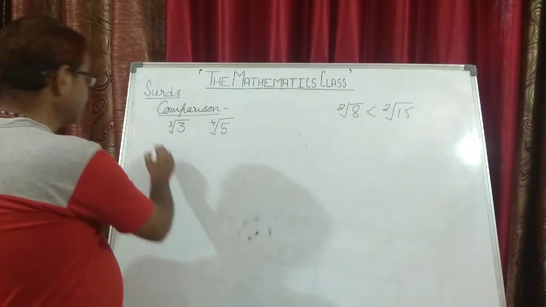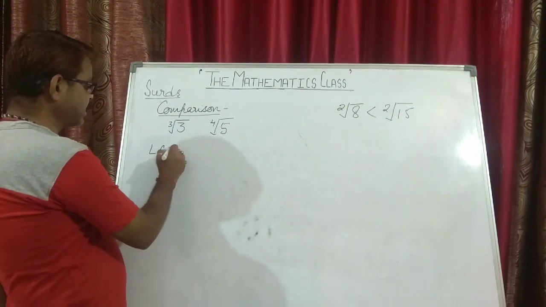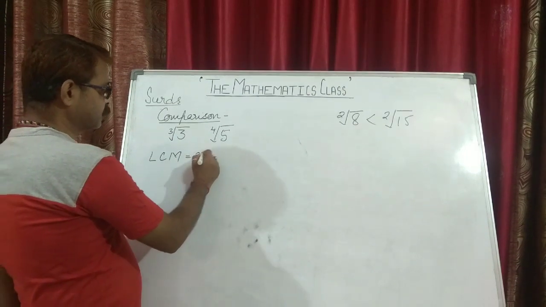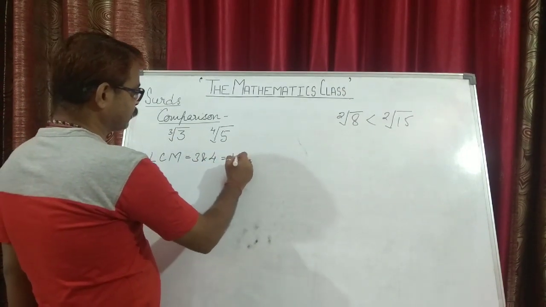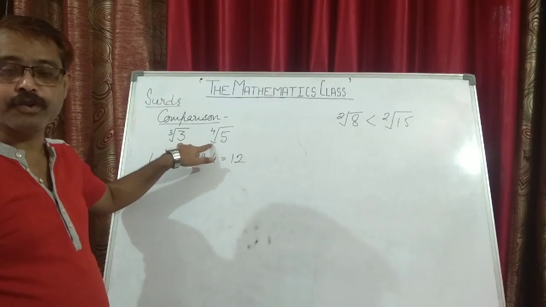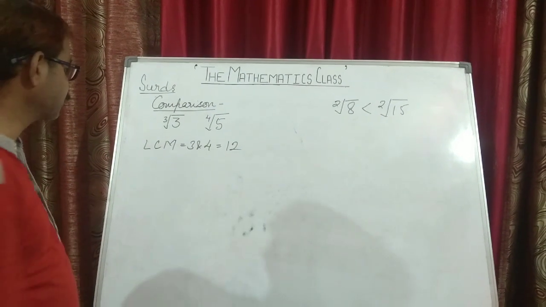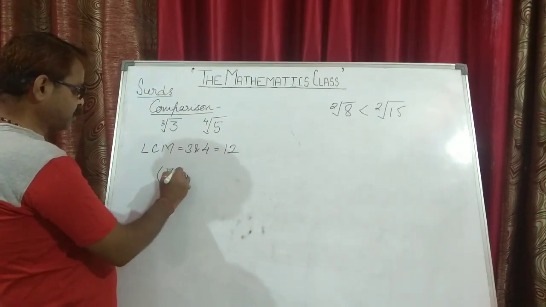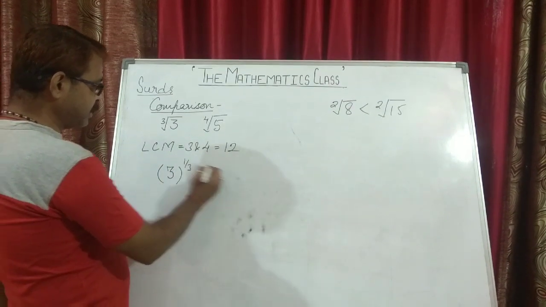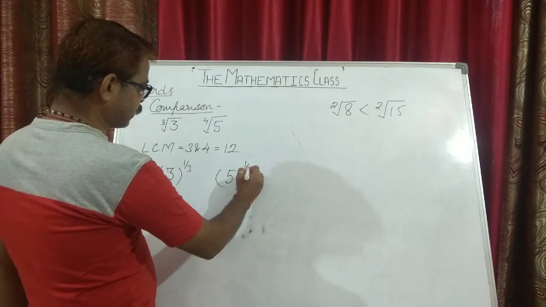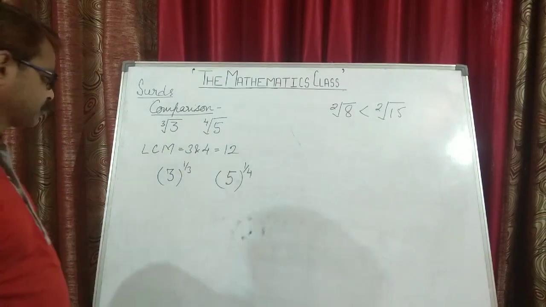So what are we going to do? We will take the LCM of these powers 3 and 4. LCM of 3 and 4 is 12. We will convert both these into the form of same radical numbers. Means this cube root of 3 can be written as 3 to the power 1 upon 3, and fourth root of 5 can be written as 5 to the power 1 upon 4.